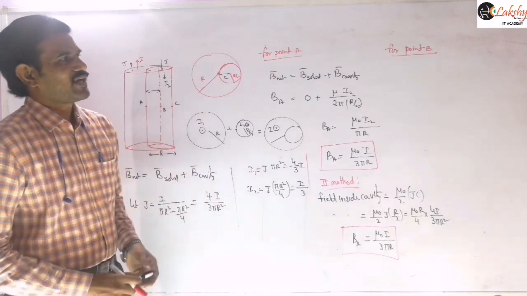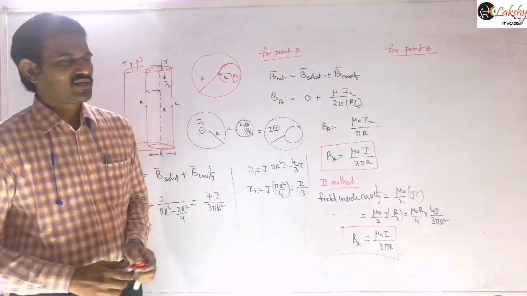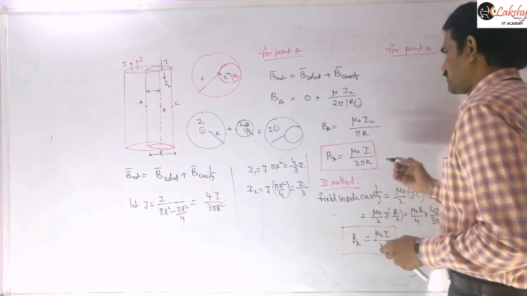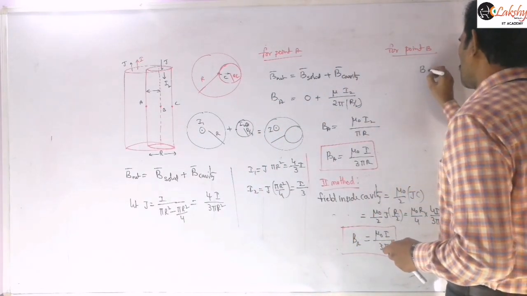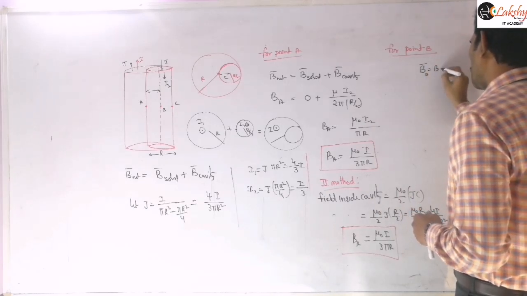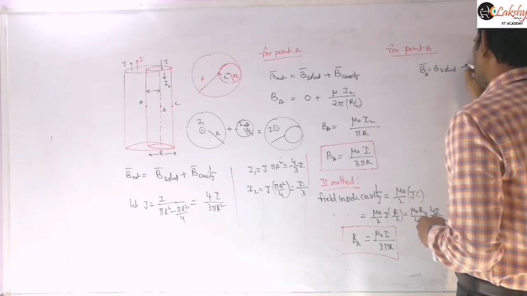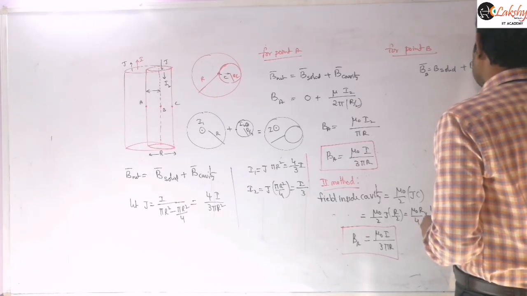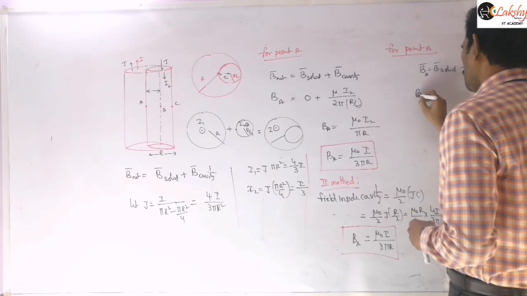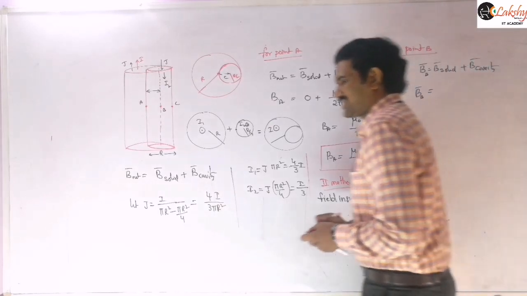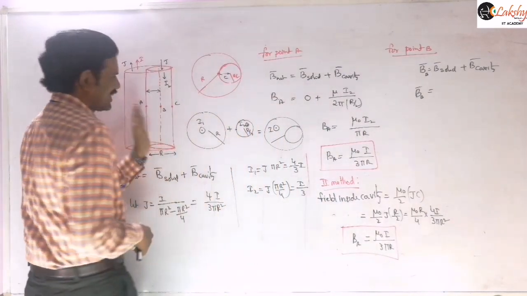Now similarly, you can calculate for the point B also. So for point B, I am first explaining the first method. The net magnetic field at that point B is the magnetic field due to this solid plus the magnetic field due to this cavity we need to write. Now the magnetic field due to this cavity means it is an internal point.